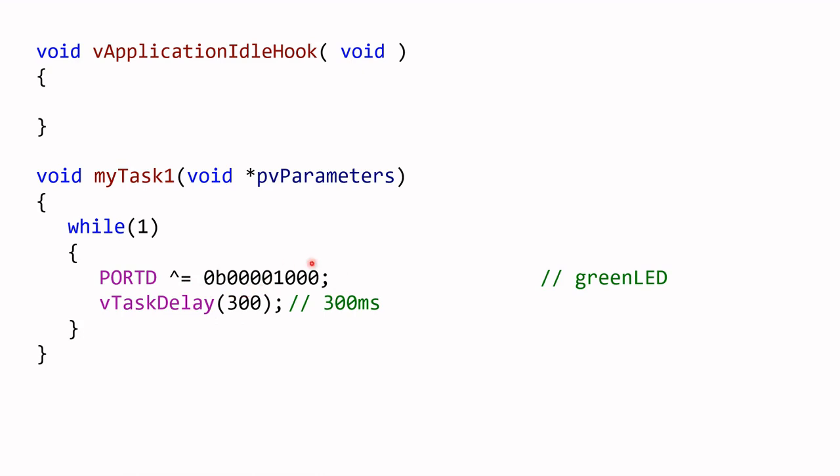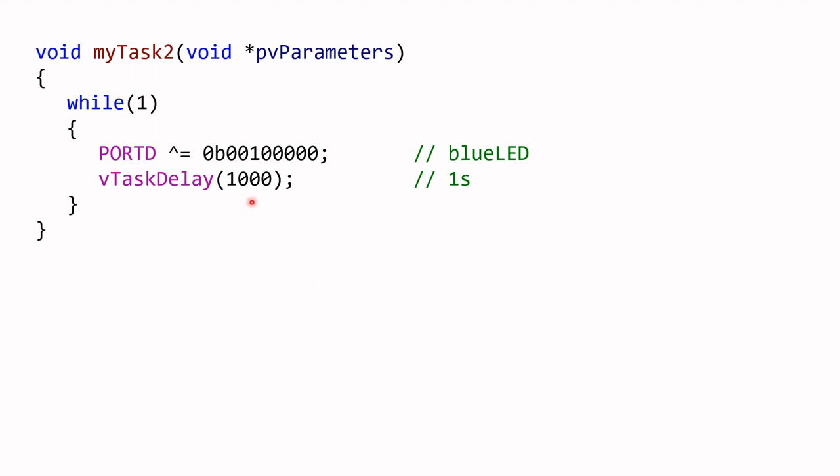I have an LED connected to bit 3 of port D, and I'm inverting the LED. If it's a 0, it will switch it to a 1. If it's a 1, it will turn it to a 0. And here is the vTaskDelay function, and I'm giving it a value of 300, which is 300 milliseconds.